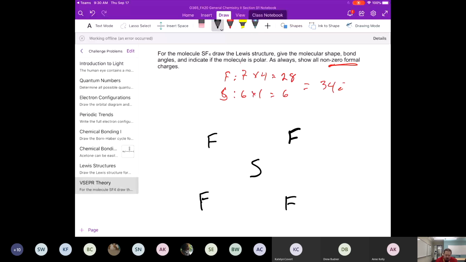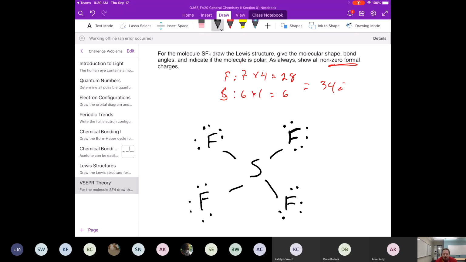And then, according to the steps, we are going to give everybody an octet. Sulfur, because it's sharing 4 pairs of electrons, has 8. Each one of the fluorines has 8.